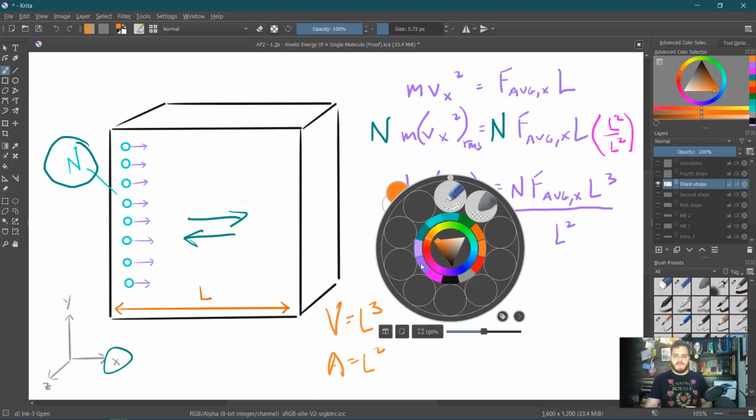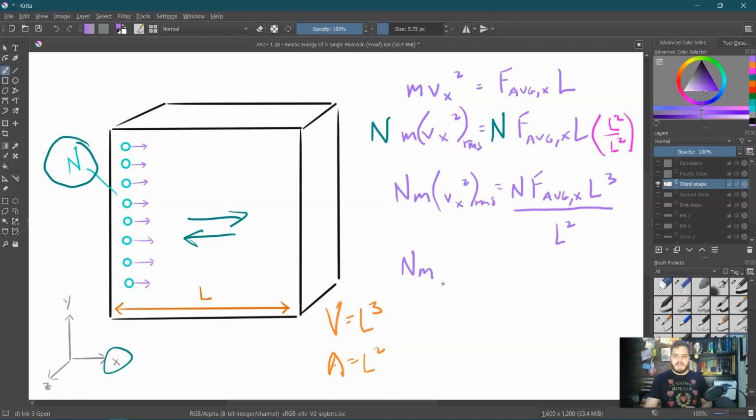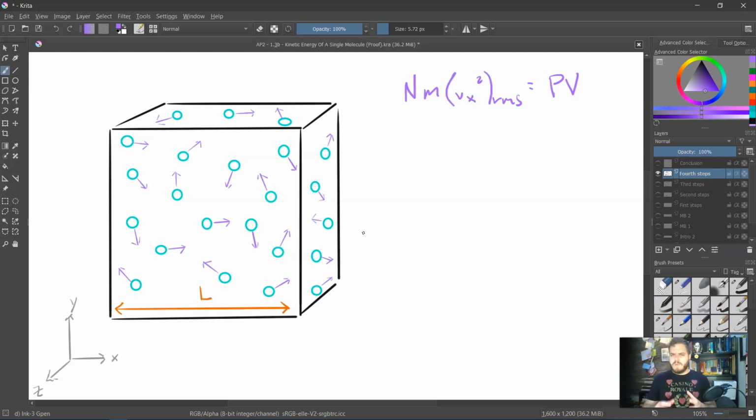So at this point, what I end up having is Nm Vx squared RMS, and now this whole part here is equal to the pressure, and this right part, L cubed, is equal to the volume. Now we have to remember that these were for particles moving only in one dimension.